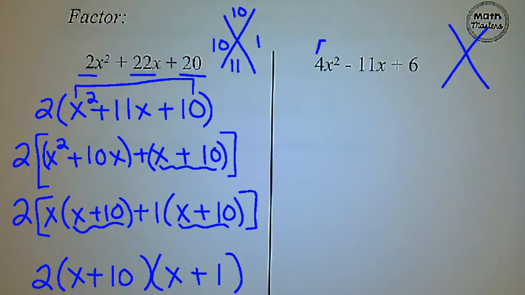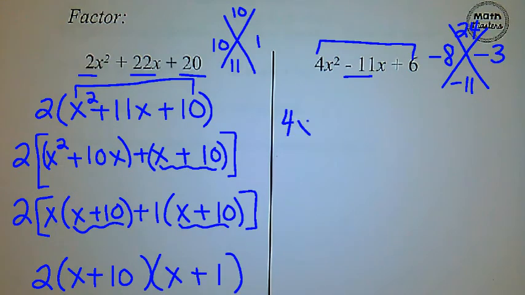4 times 6 is 24, and we need that to add up to a negative 11. So in order for it to be positive but add up to a negative, we need 2 negatives. And then I'm thinking 8 and 3. That should work. So now we replace the 11x with these 2 guys.